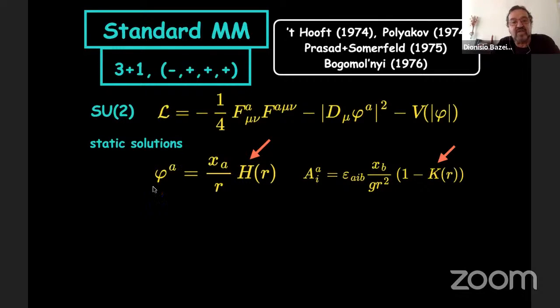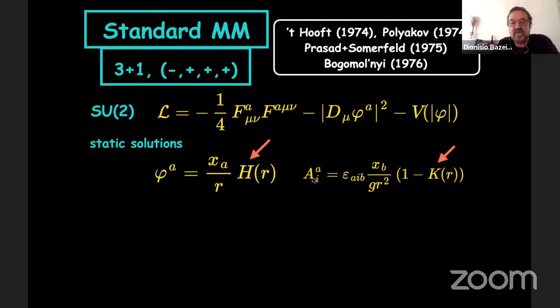Say I write the scalar fields in this form. So I have just one, capital H, as the only degree of freedom connected with the scalar field. And I do a similar thing. I write the gauge field in this form, and now I also have just one degree of freedom, capital K, connected with the gauge field.